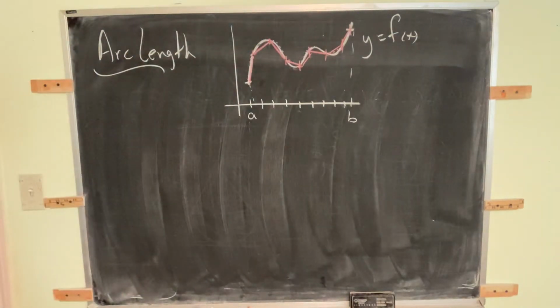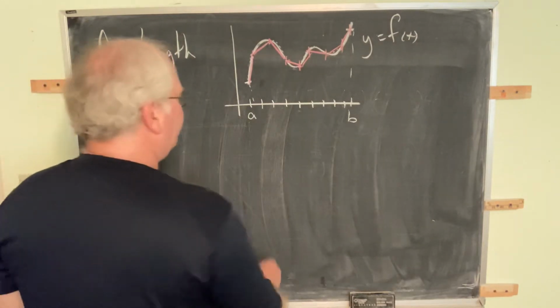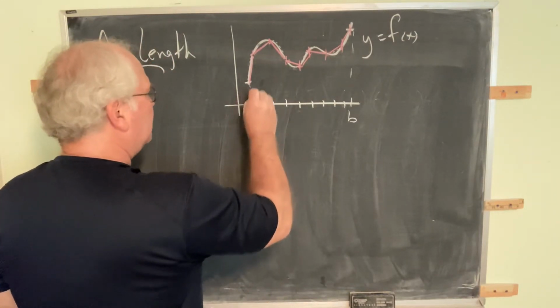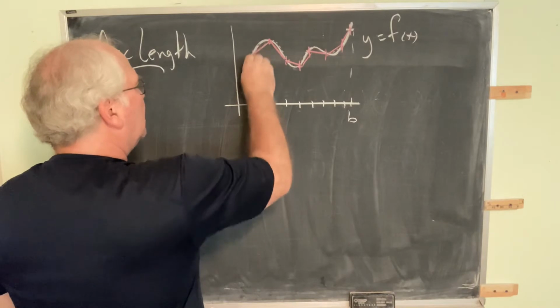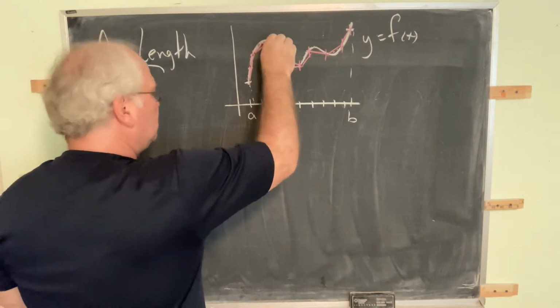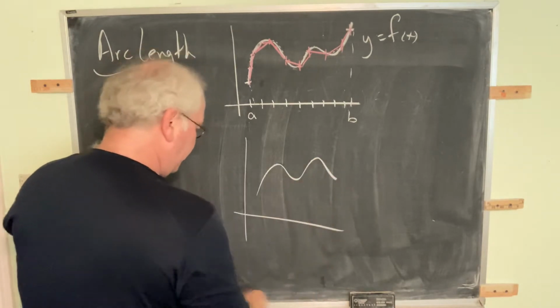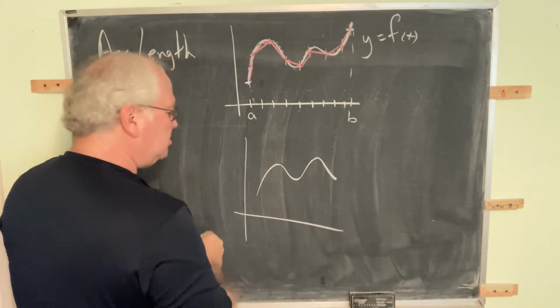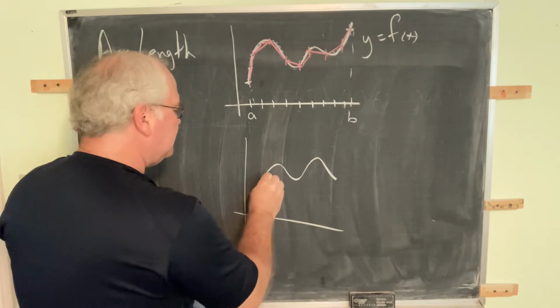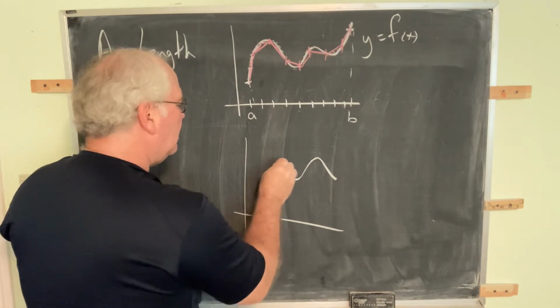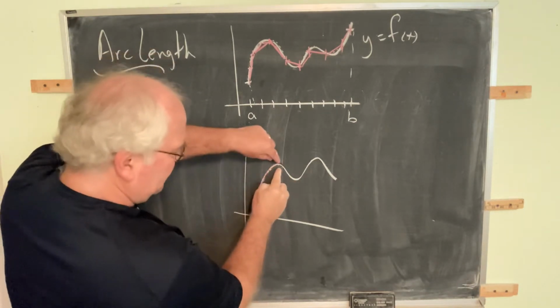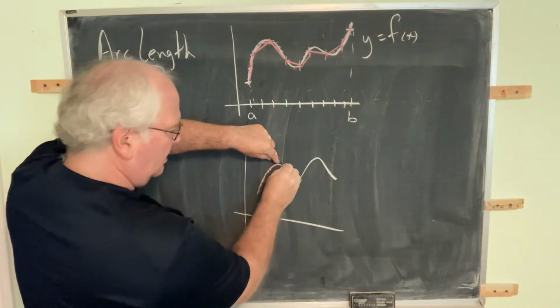Right? But I could make the approximation better by taking a refined partition. If I refine this partition, take more of these segments and make them shorter, then what you eventually would get is something like this, where I would have this curve and a large number of very short segments, and there might be a slight amount of error here.